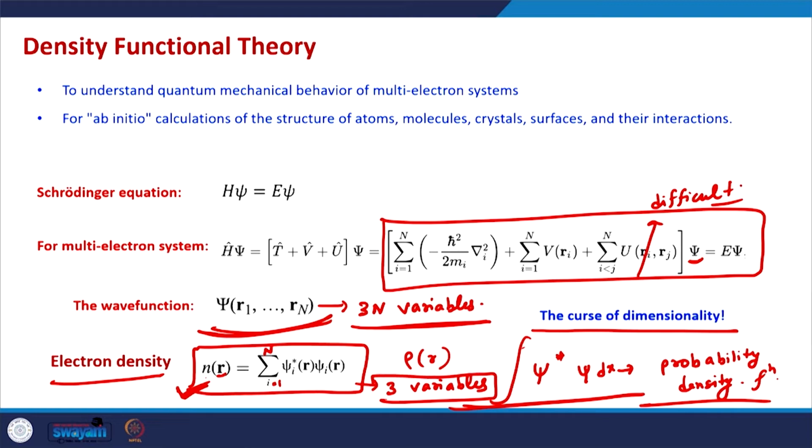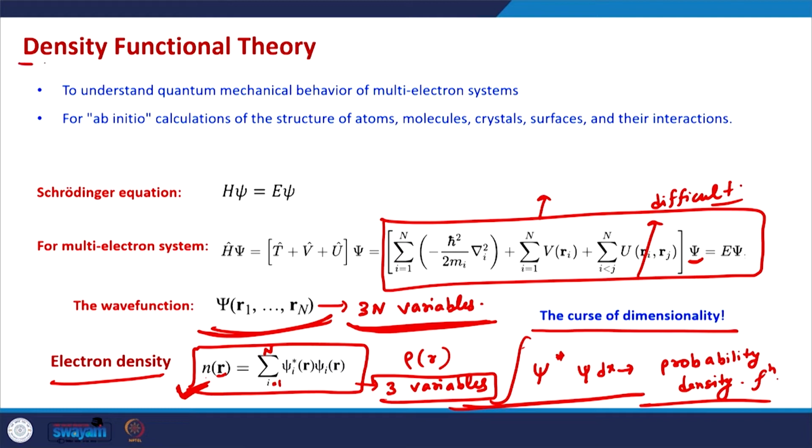If we can somehow reformulate this Schrodinger equation in terms of the electron density function, then we would not need to deal with 3n variables in the wave function and large matrices, and in that way we can manage this calculation. That essentially lies at the heart of density functional theory.